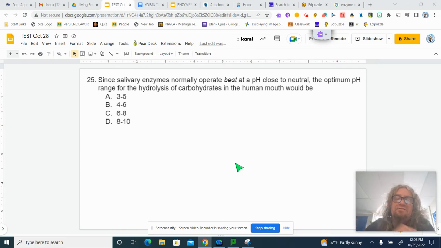Number 25. Since salivary enzymes normally operate best at a pH close to neutral, the optimum pH range for the hydrolysis of carbohydrates in the human mouth would be A, 3 to 5, B, 4 to 6, C, 6 to 8, or D, 8 to 10.